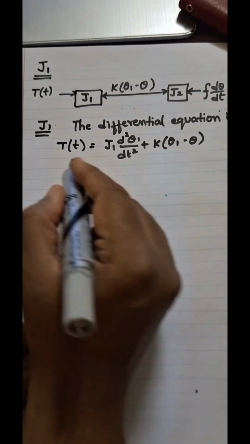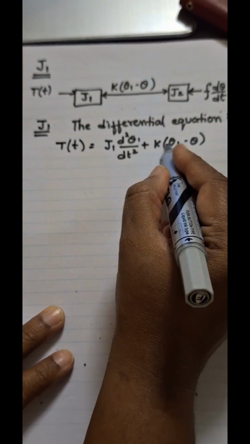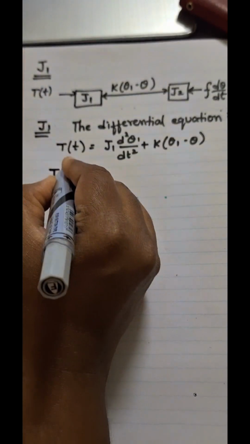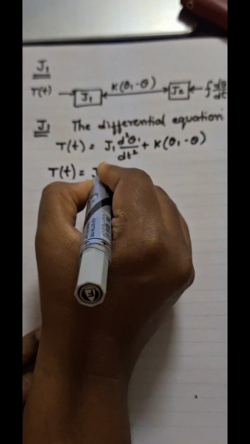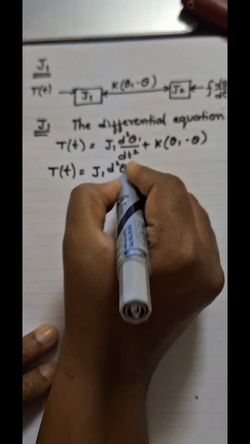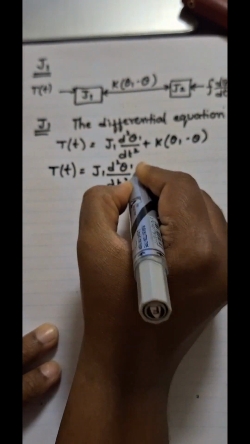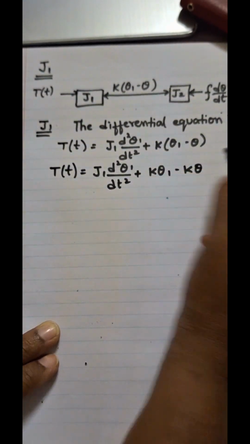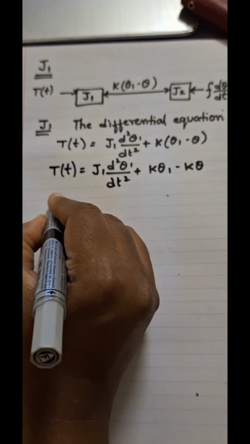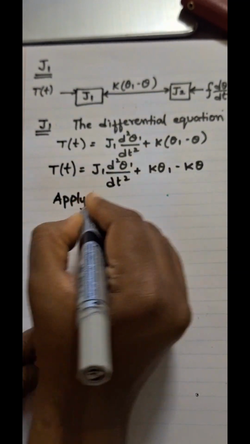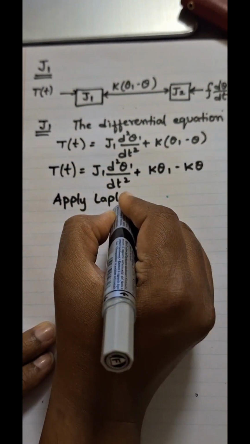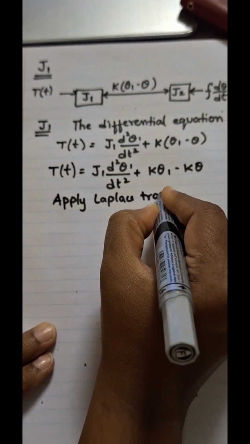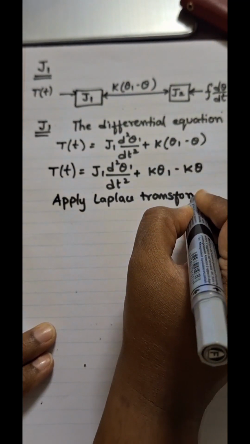Now let us separate these two. T of t is equal to J1 d square theta 1 by dt square plus K theta 1 minus K theta. Then what we should do is apply Laplace transform on both sides.